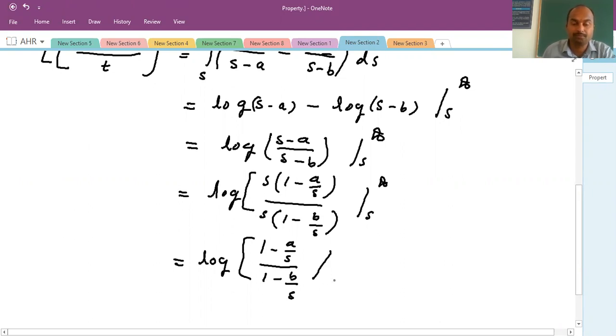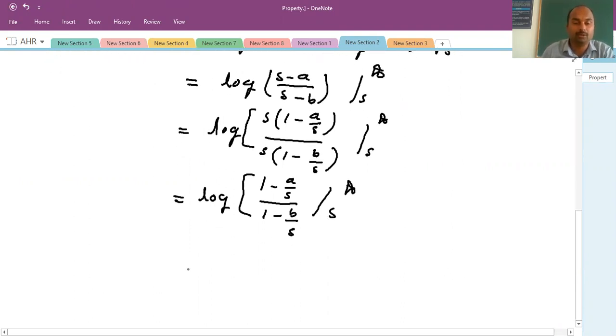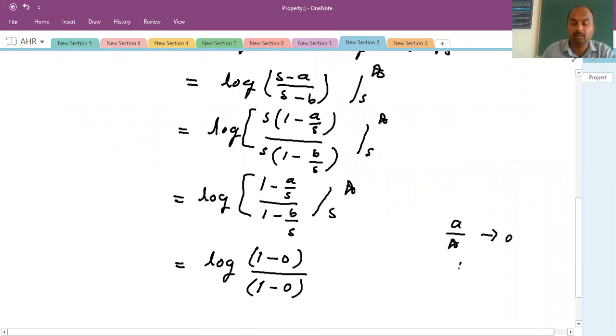Substitute the limits. Limits are s to infinity. Now if you substitute the upper limit, that is infinity, a by infinity becomes 0, and b by infinity also becomes 0.